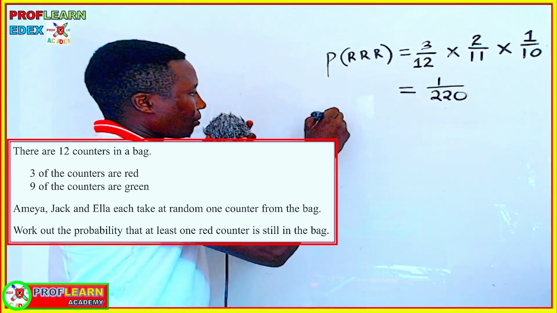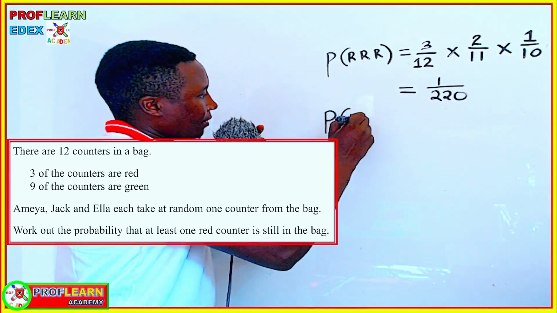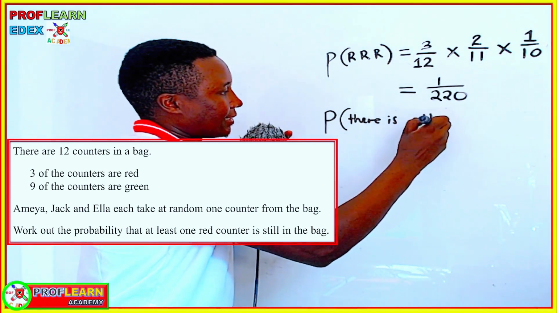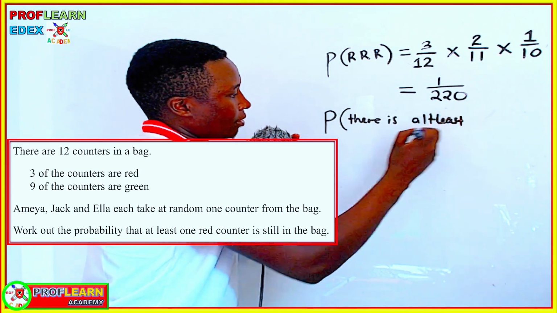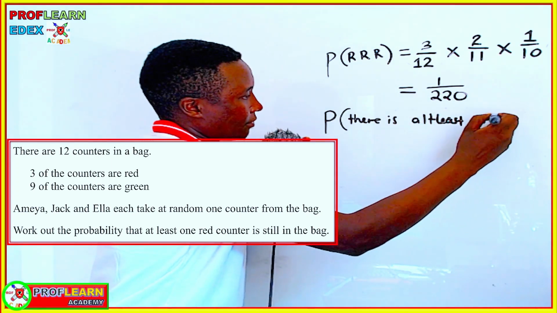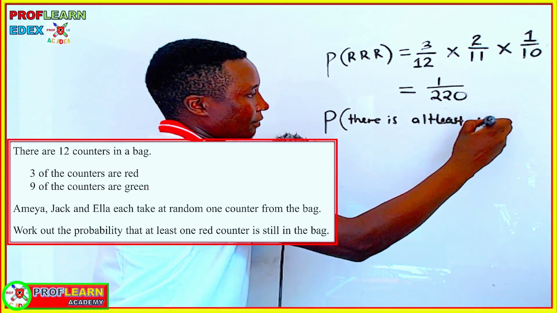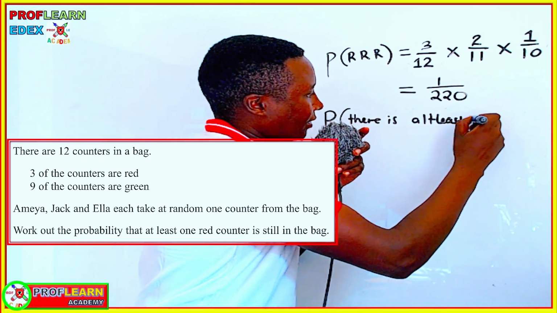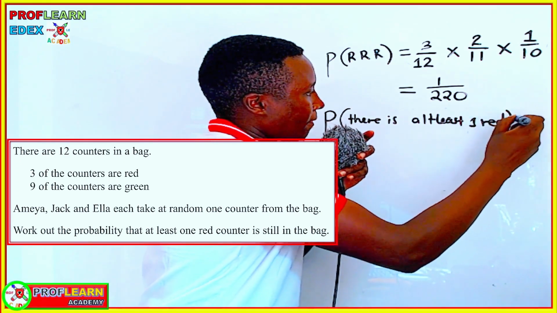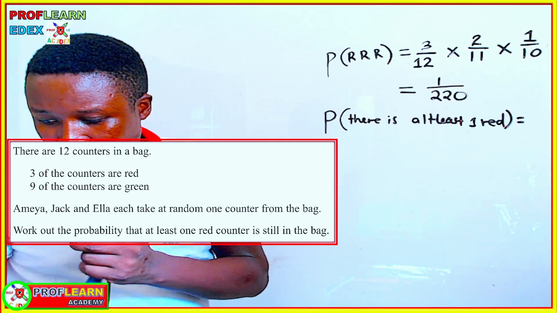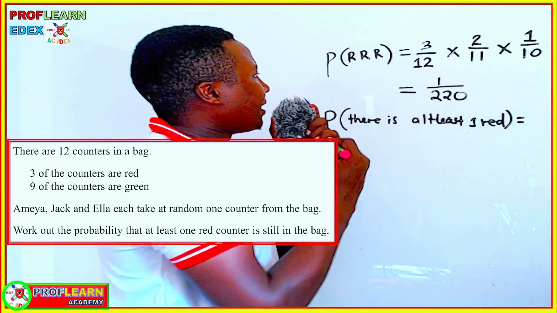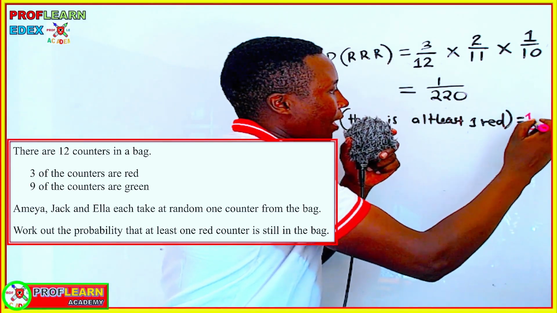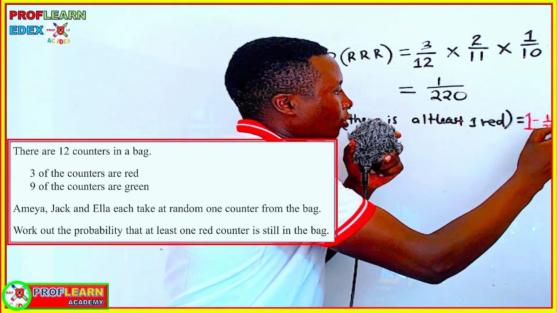Now, the probability that there is at least one red. Because this represents the probability that there is no red, for us to get this, it's going to be 1 minus 1 over 220.